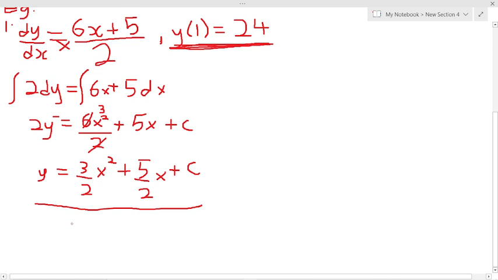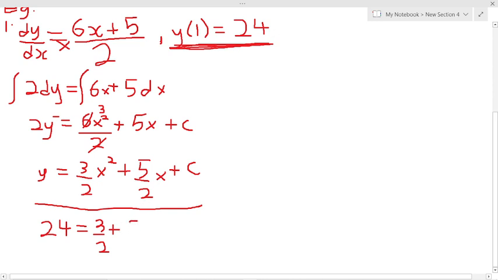Sure. So we have y of 1 equal to 24. So we have 24 equal to, now we know 1 squared is 1, and 1 times any number is the number itself. So we have 3 on 2, plus 5 on 2 also multiplying x, which is 1.